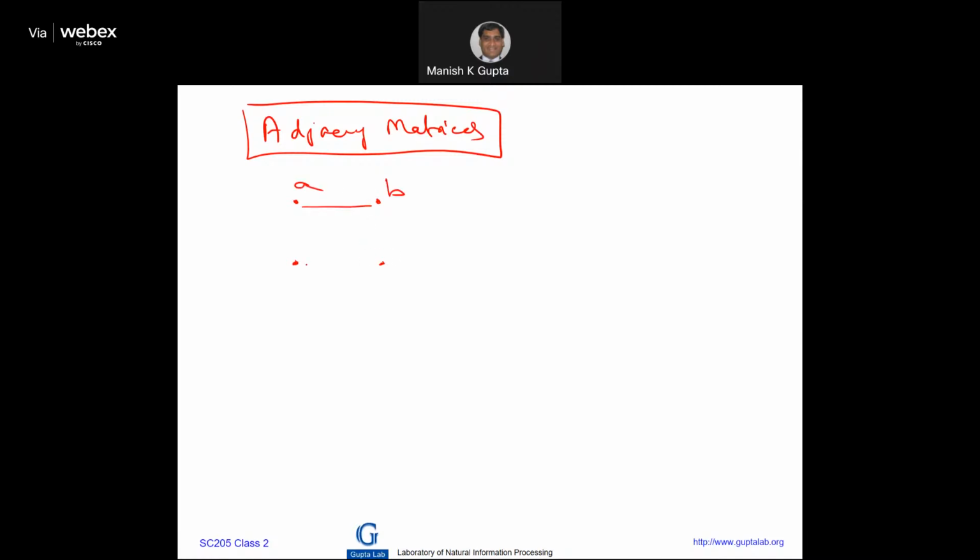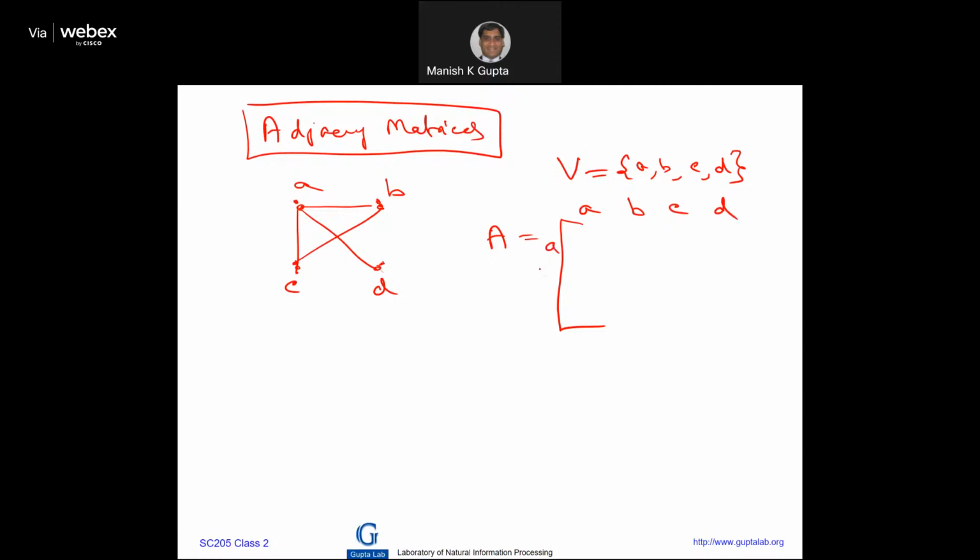A, B, C, D. So the vertex set is A, B, C, and D. I can represent it by a matrix A, with rows and columns A, B, C, and D. So A is connected to itself?